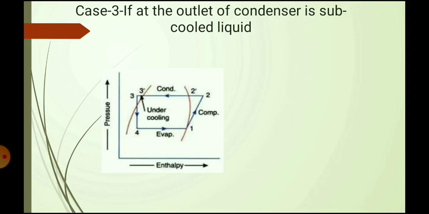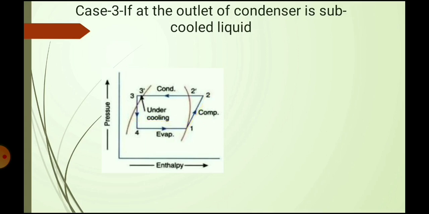That means point 3 dash is the saturated liquid, and point 3 is in the subcooled liquid region, and the rest, point 1, remains at the saturated vapor line. Clear? Due to this process, the refrigeration effect increases and work input is the same.